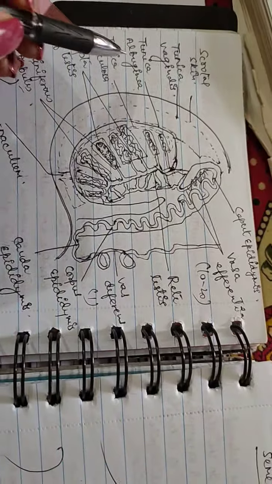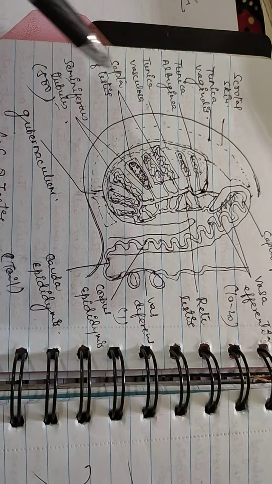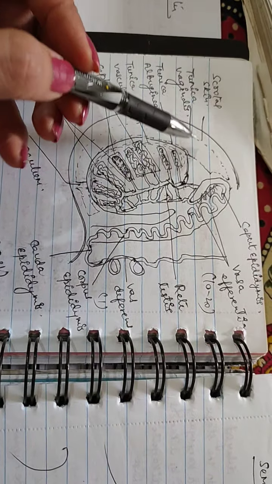See here, these are the highly convoluted seminiferous tubules, which are also known as the sperm factory.